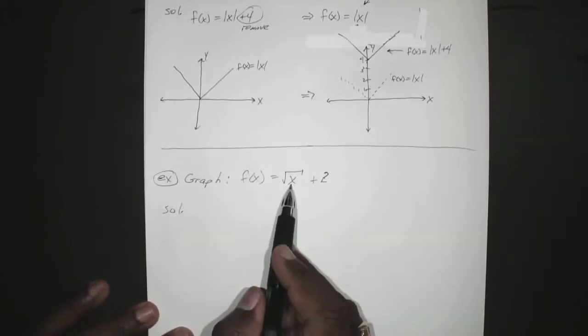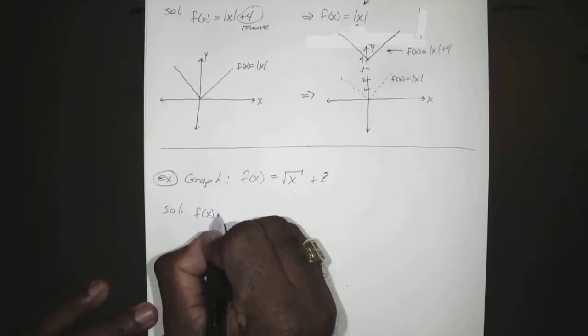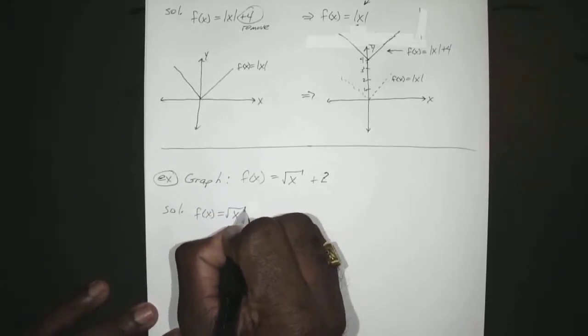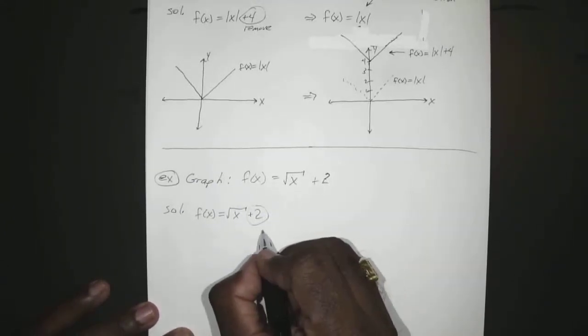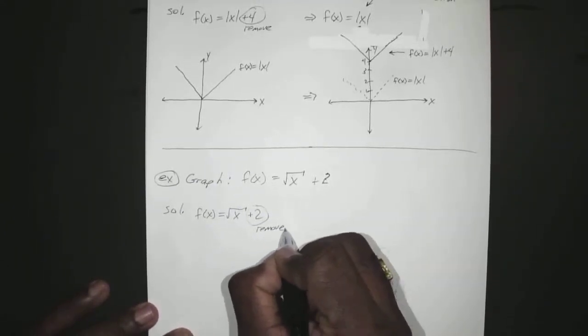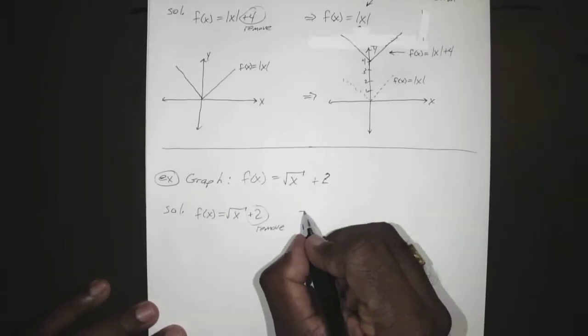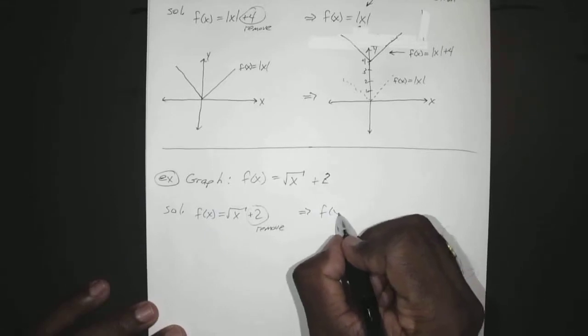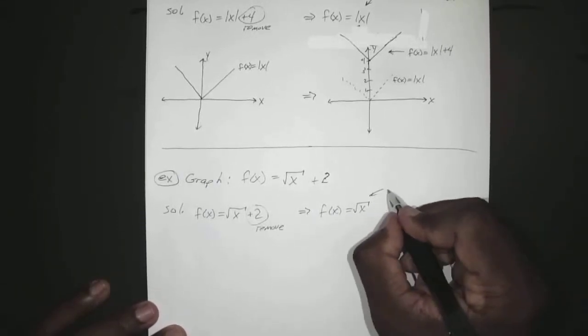Okay, so if we have our f of x equals square root of x plus 2, then we're going to remove everything except exponents, all the numbers, which means that f of x equals square root of x is our parent function.